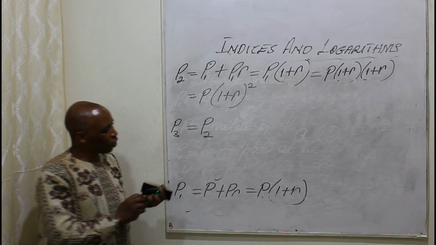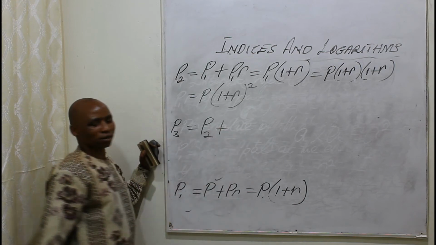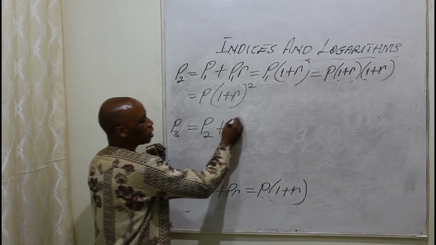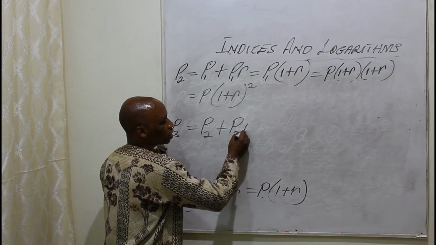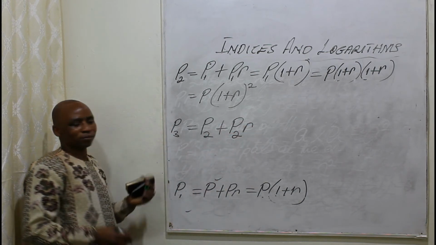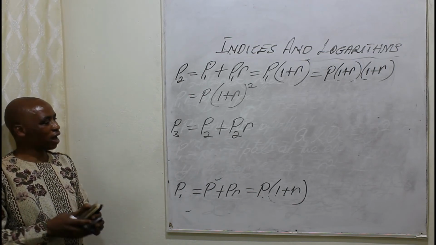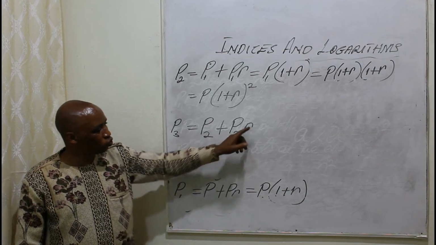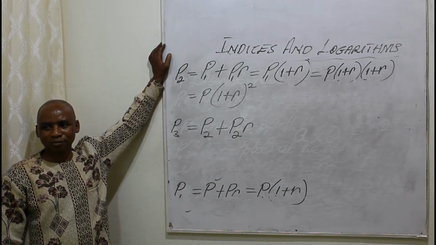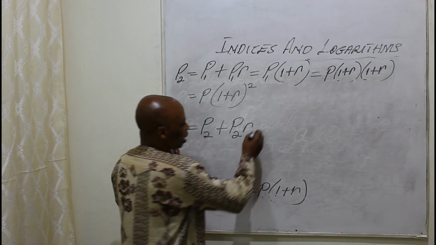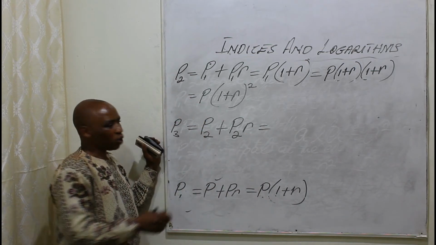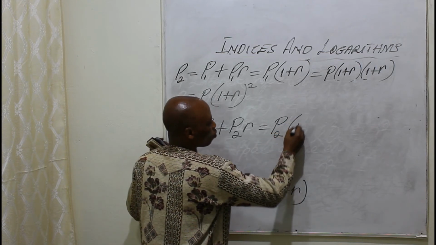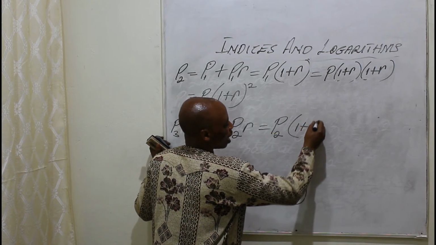So it will be P2 plus the interest at the end of the 3rd year, which is P2 times R. Then factorizing out P2 as usual, you get P2 then into bracket 1 plus R.